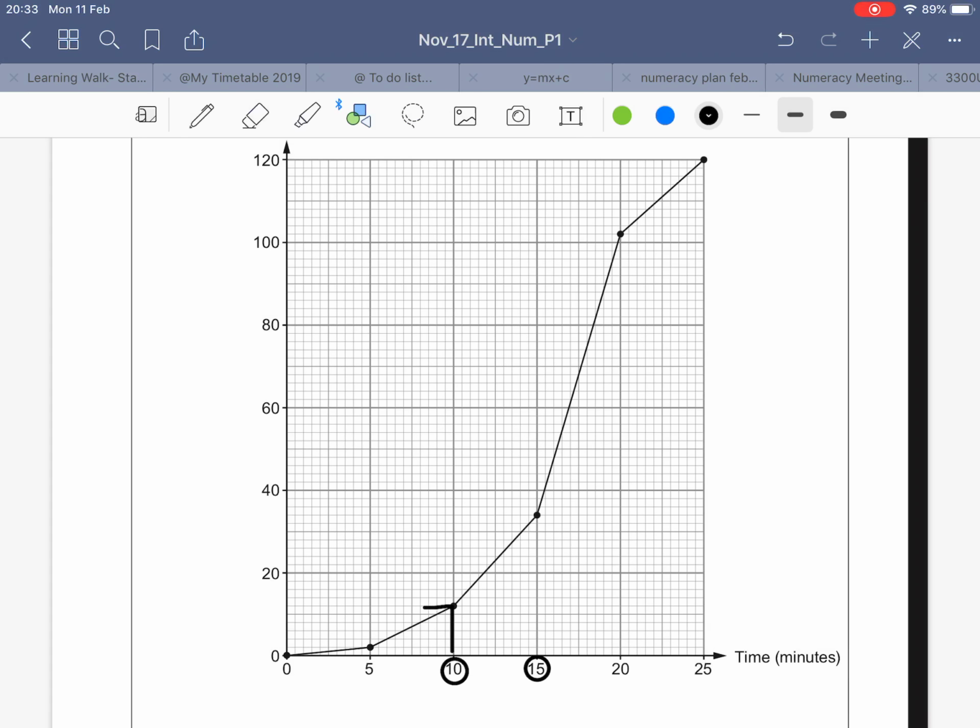So up to 10 and across, that's telling me 10, 11, 12 customers, and up to 15 and across, and that's telling me, where are we now, 30, 32, 34 customers.